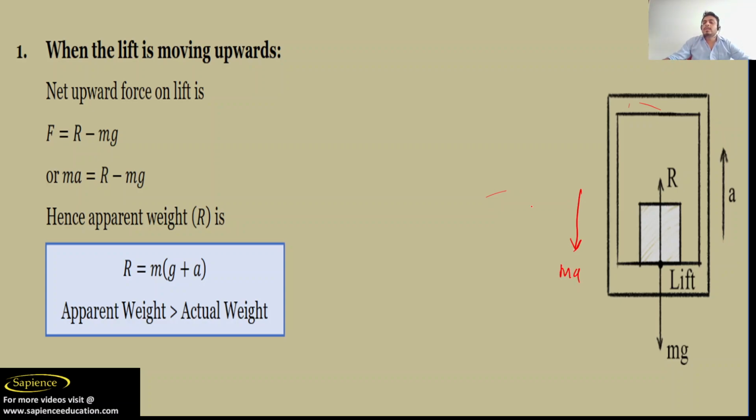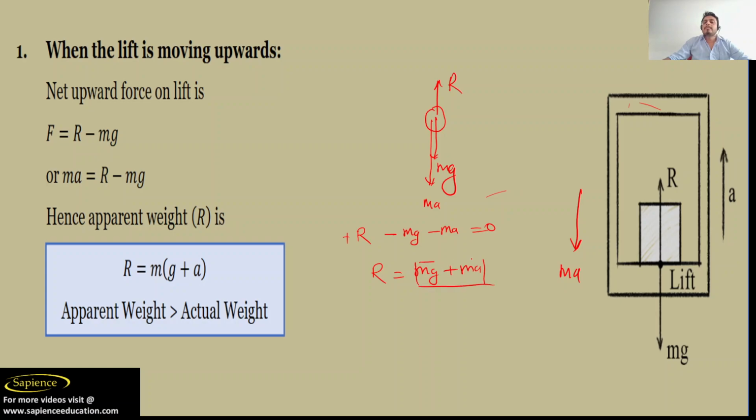If you draw a free body diagram, we get mg in the downward direction, ma in the downward direction, which is the pseudo force, and the reaction force R. Equate the sum to 0. So R minus mg minus ma equals 0, and the reaction force is equal to mg plus ma.